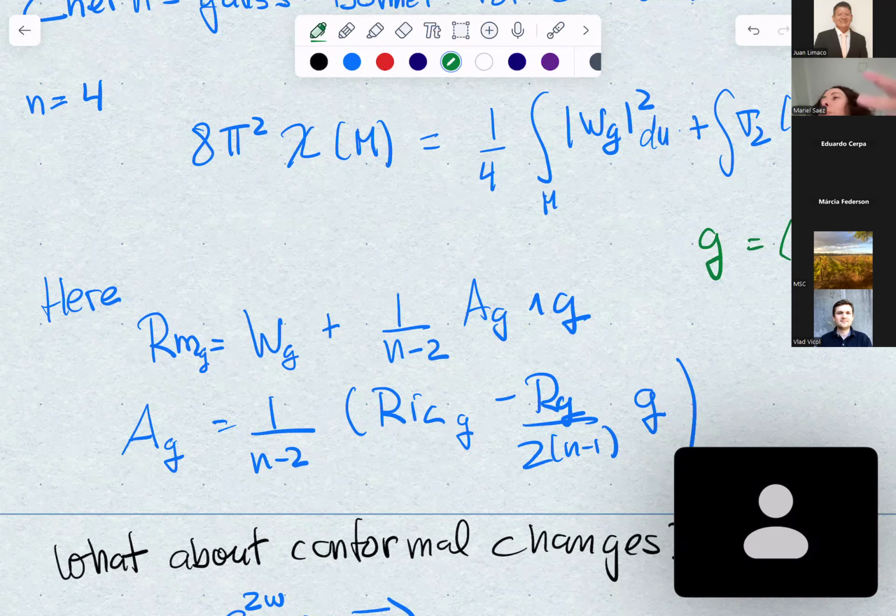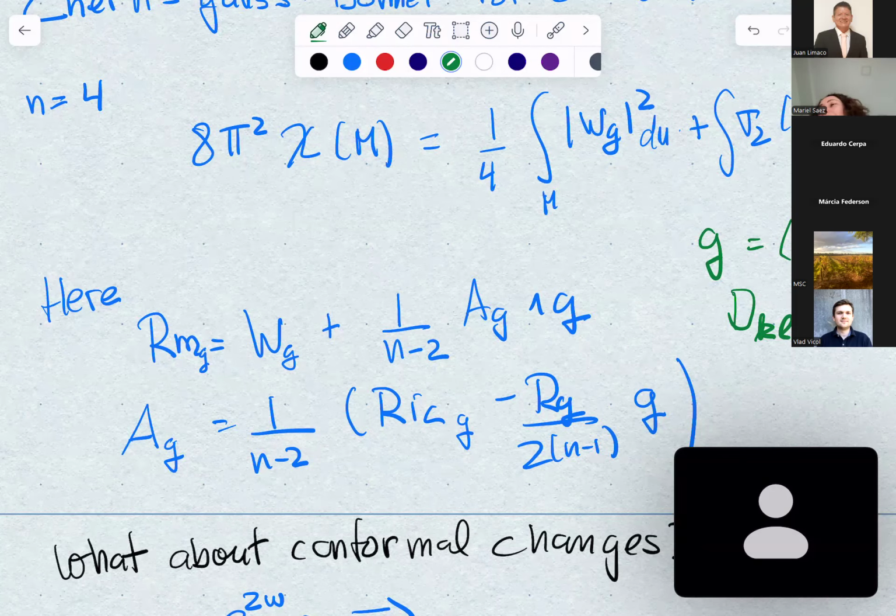It has more components, but basically you can think of it as terms with two derivatives. It also has first derivatives and other things. It's a bit more complicated than that, but it depends on 4 indices. It's a 4-tensor.